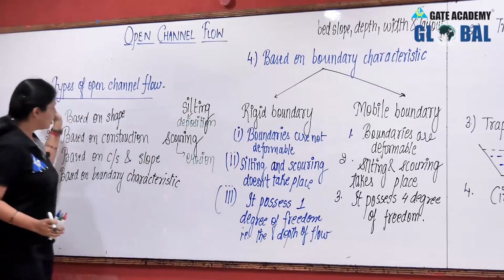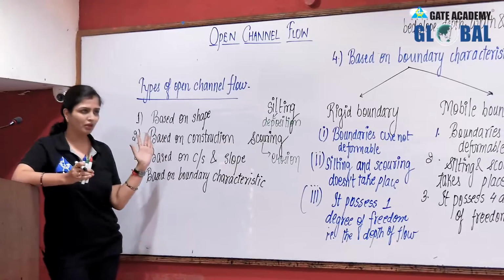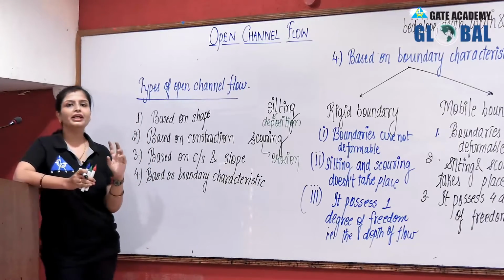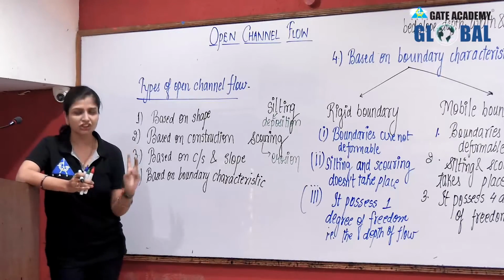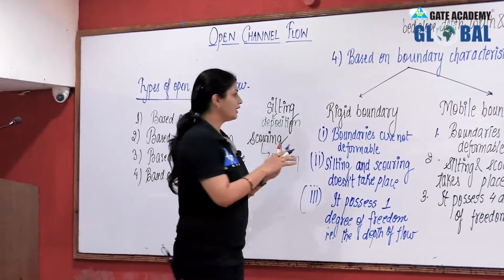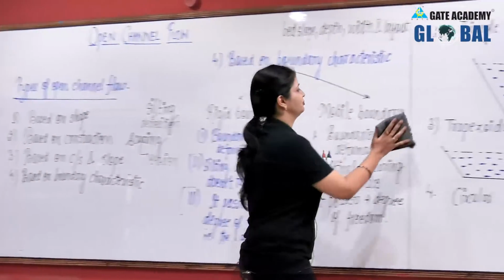Now, although we have classified the types of open channel flow, while solving the numerical part, we will be dealing only with rigid boundary and prismatic channel sections. So I'll write a note here.